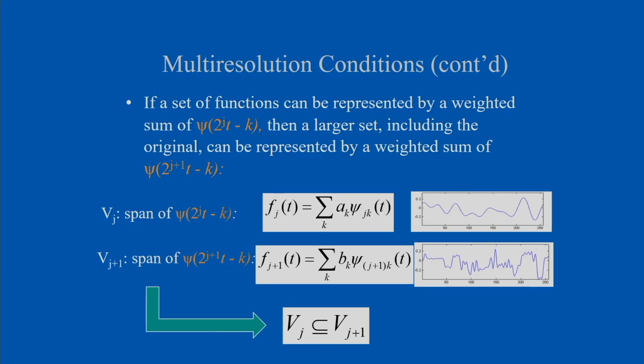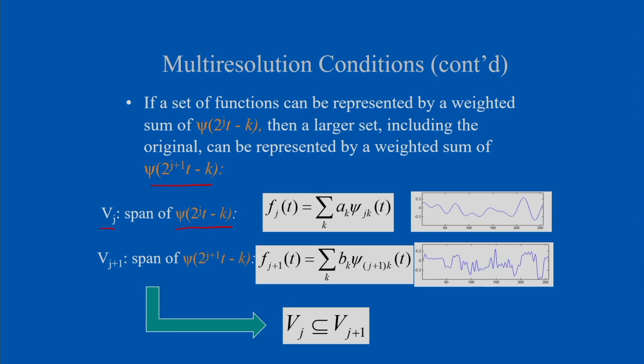Again I am repeating this. If a set of functions can be represented by a weighted sum of psi 2 to the power j t minus k, then a larger set including the original can be represented by a weighted sum of psi 2 to the power j plus 1 into t minus k. So what is this concept? Suppose I consider one set, that is Vj, the span of this function, the basis function psi 2 to the power j into t minus k.